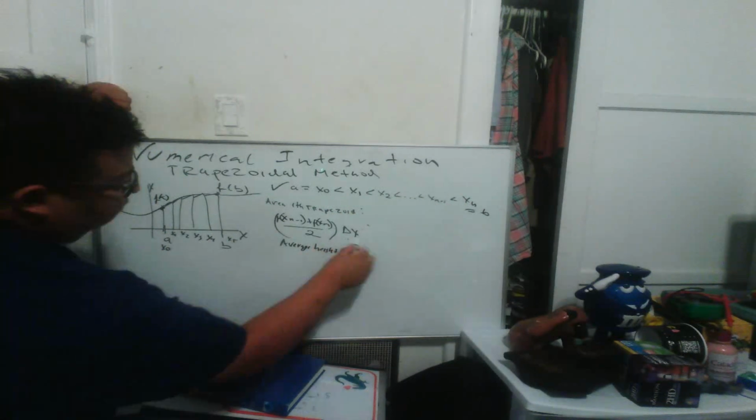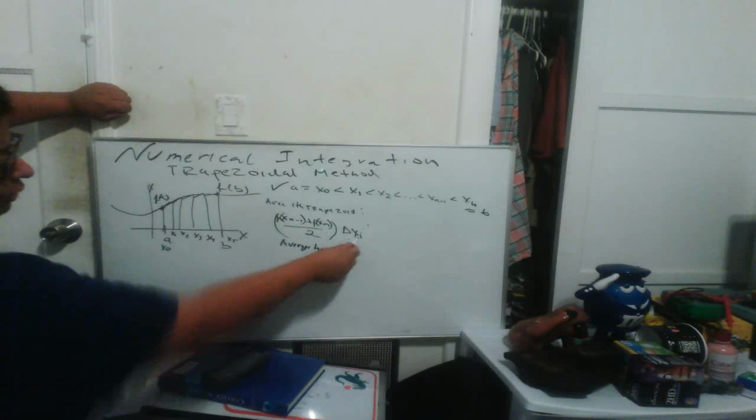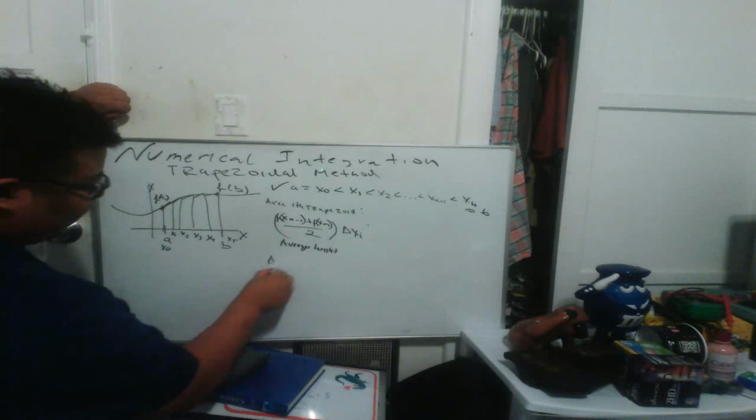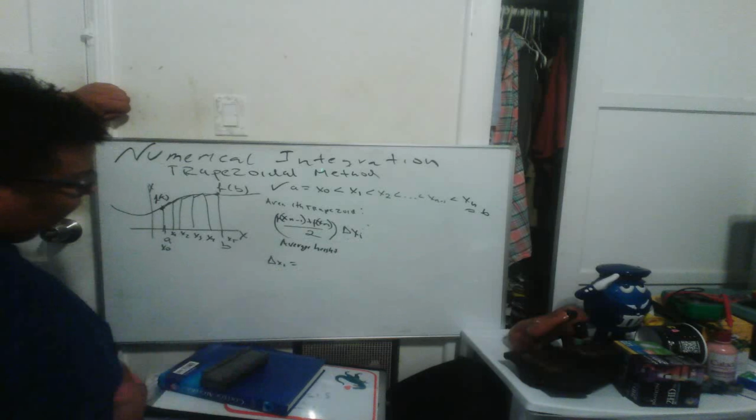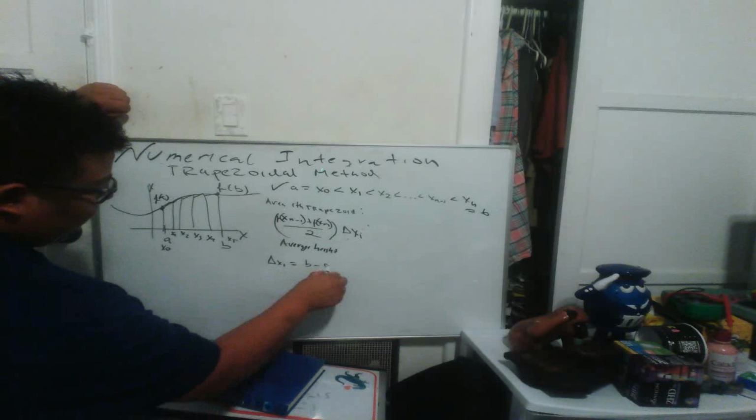Because we're doing the ith trapezoid, we call it delta xi, and delta xi is defined as b minus a over n.